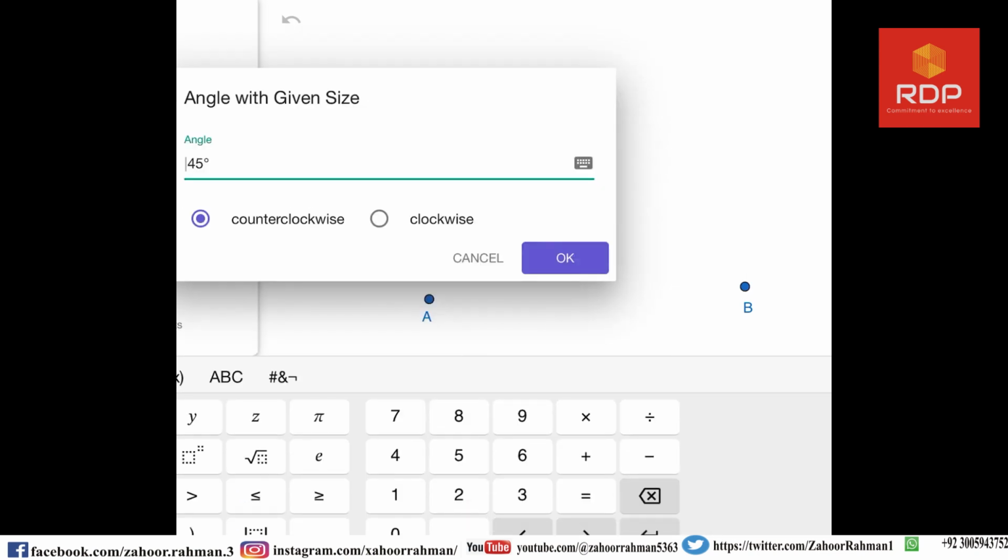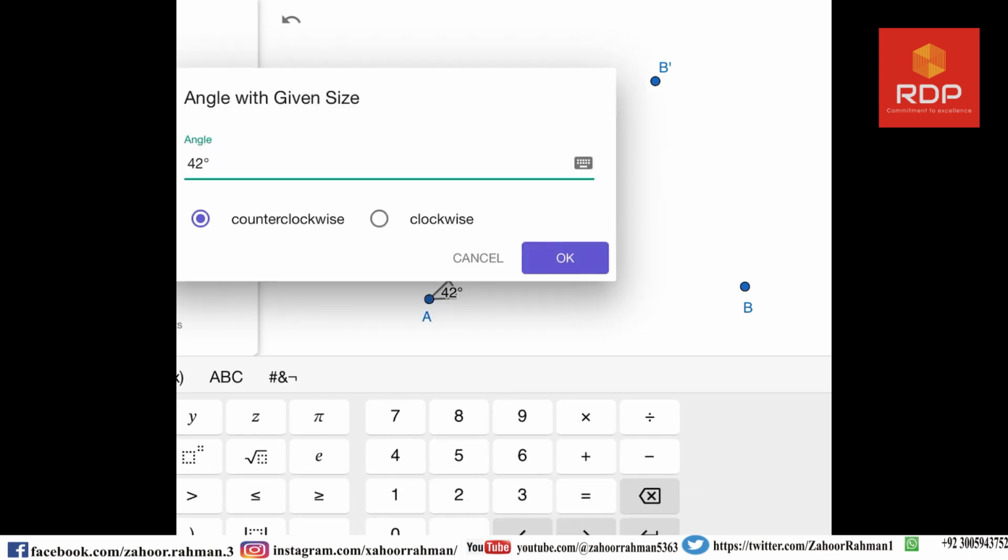Then our job is to draw an angle of 42 degree on point A. So let us do that, and we will select first this point B and then point A, and here I will give it 42 as the value because it is given in the book.